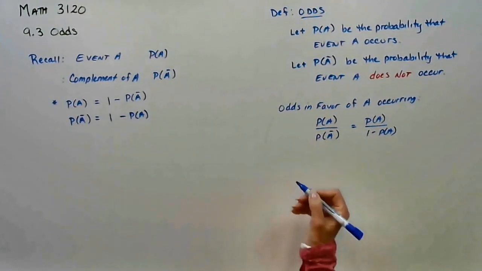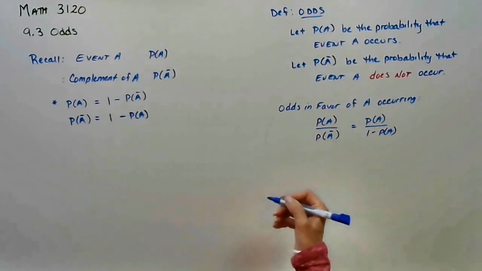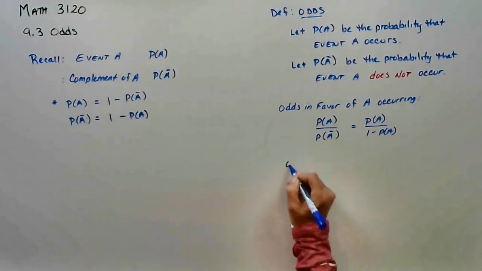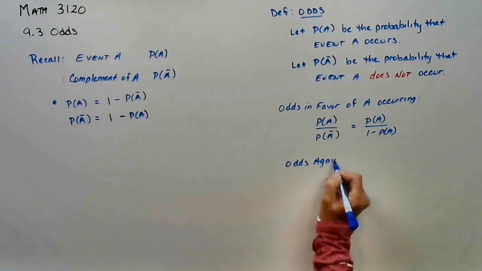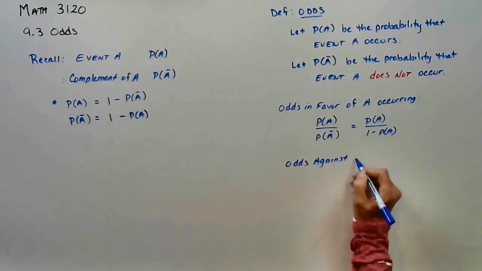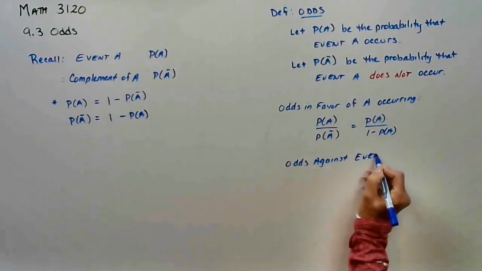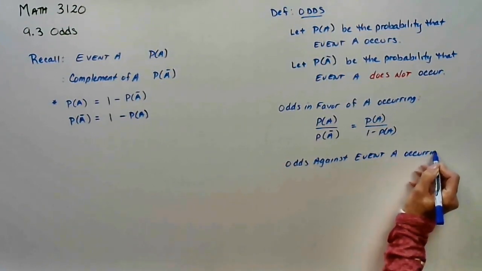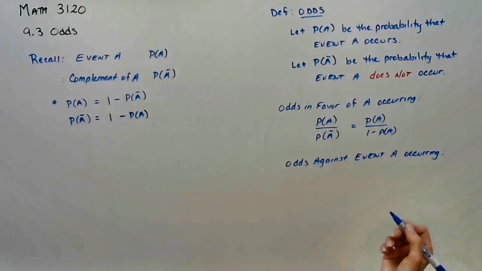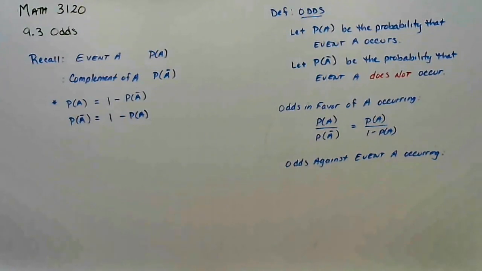Now, if we want to do odds against, or odds not in favor, event A occurring, this time we want the complement because we want the odds against that.